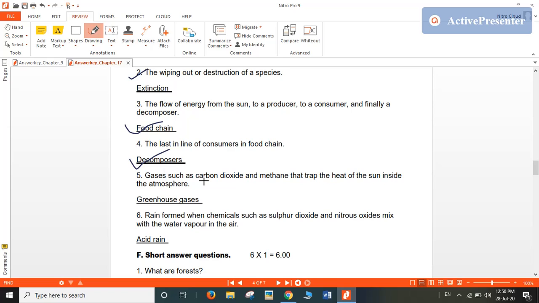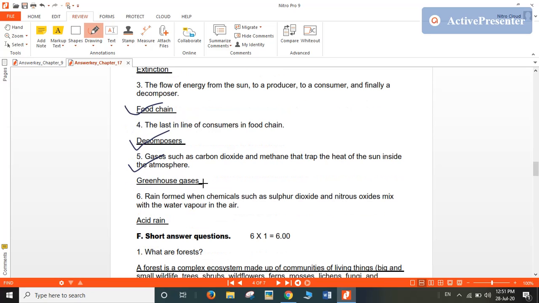The gases such as carbon dioxide and methane that trap the heat of the sun inside the atmosphere. So this kind of gases are called greenhouse gases. Next, rain formed when chemicals such as sulfur dioxide and nitrous oxide mix with the water vapor in the air. So that kind of rain is called acid rain.